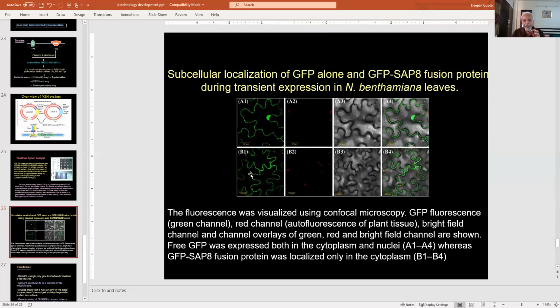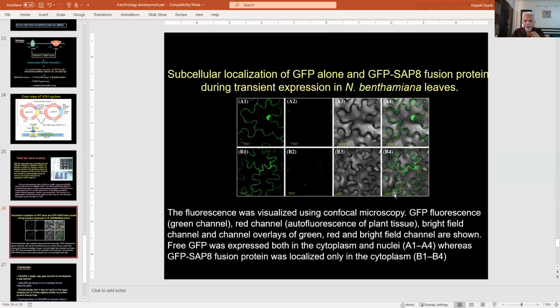But when you look at the hybrid protein, meaning GFP fused with SAP8, there is no nuclear localization here. All the fusion protein is localized or targeted to the membrane.